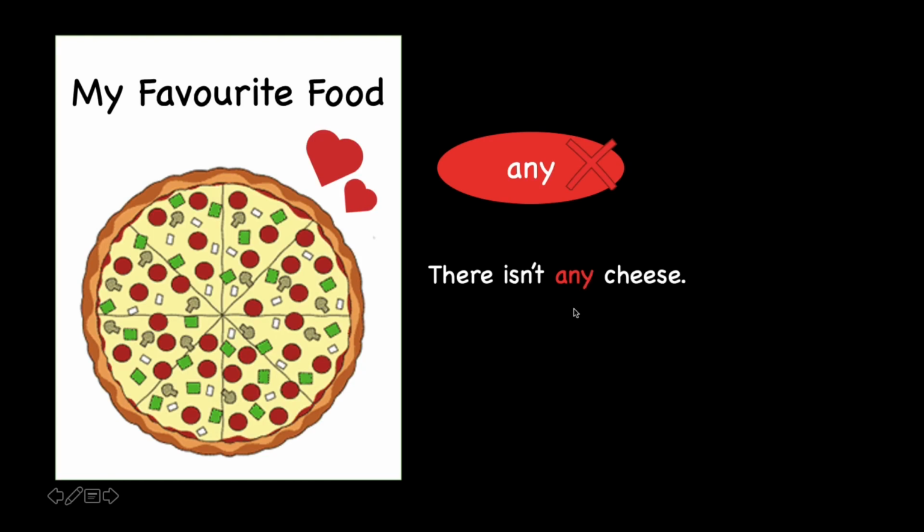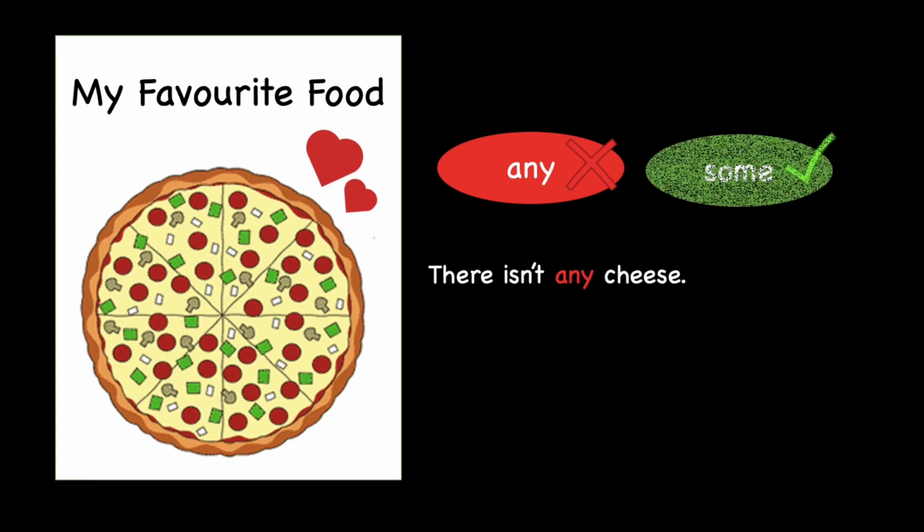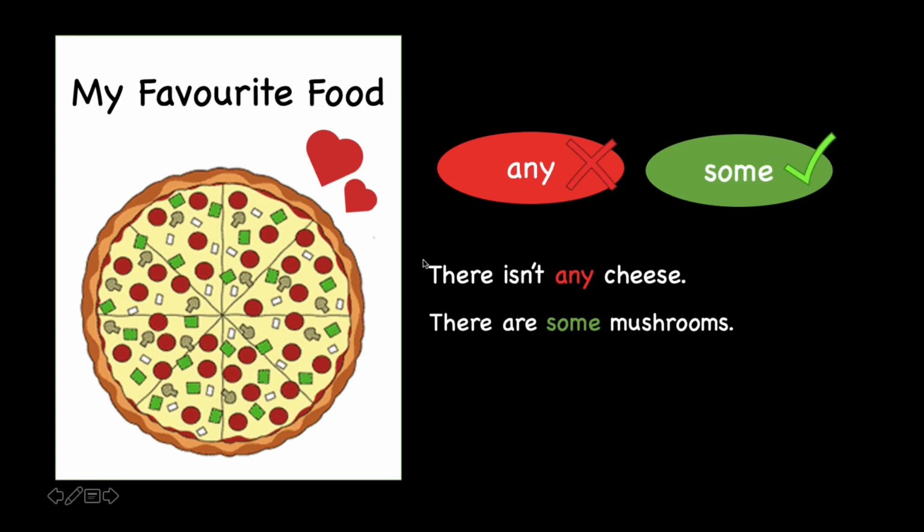We cannot see the cheese, so I can use there isn't any cheese. When the things are there on my pizza, I can use the word some. For example, I see some mushrooms here, so I can use there are some mushrooms. I can also say there are some sausages. There are some peppers. There are some onions.